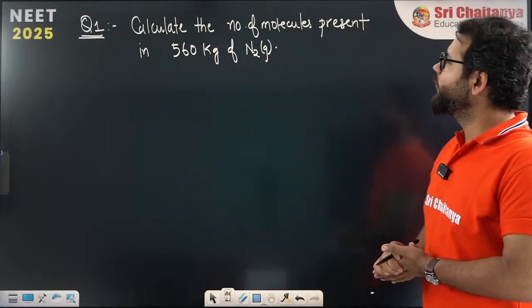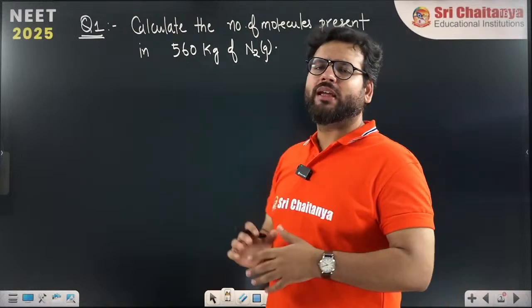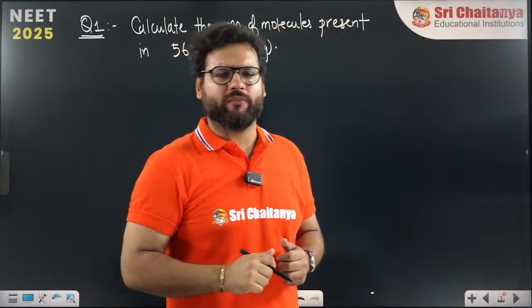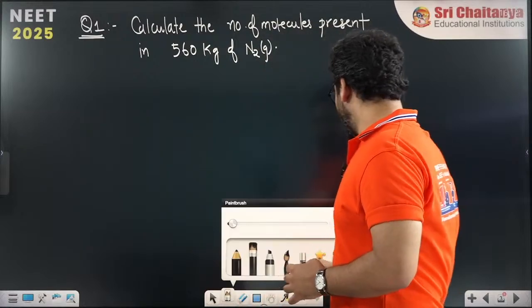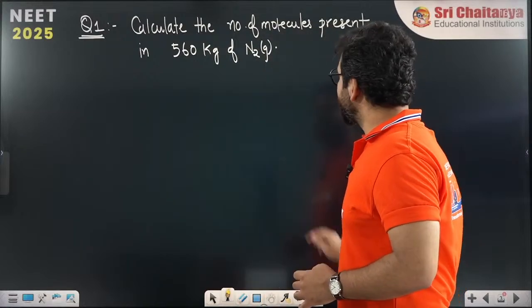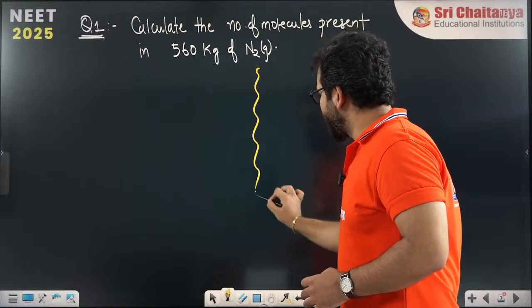All of you can write it down. Calculate the number of molecules present in 560 kilogram of nitrogen gas. This is the very first question. I'll tell you both ways to do it, whichever you feel is comfortable for you, you follow that way.